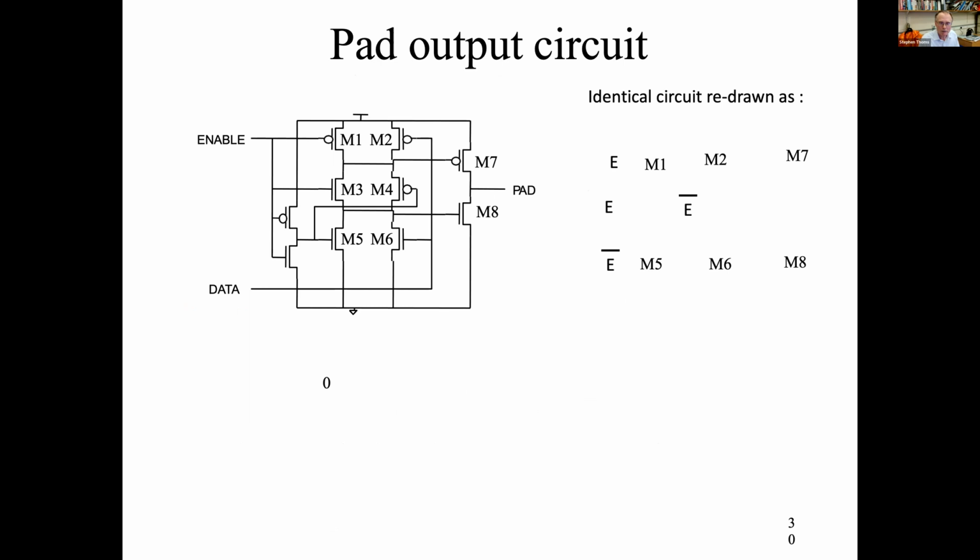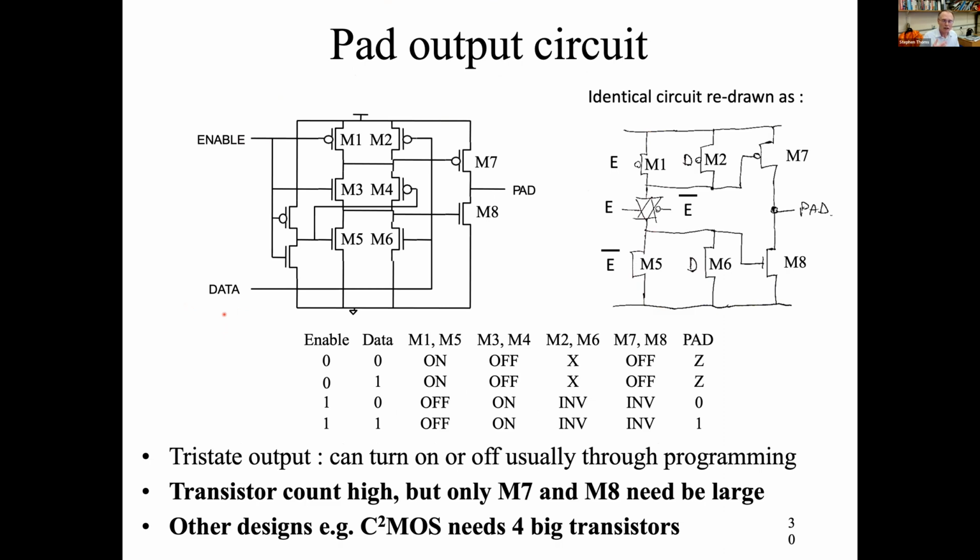So here we are. Here's a typical design that's done for this. We can see that we've got an enable signal and a data signal. Essentially, these things work in tri-state.